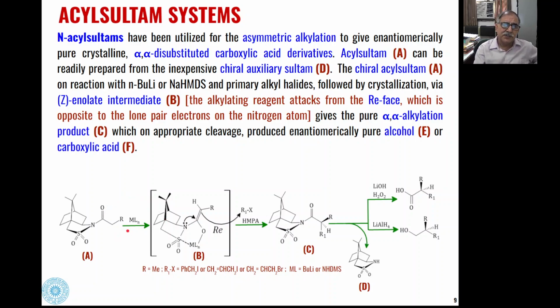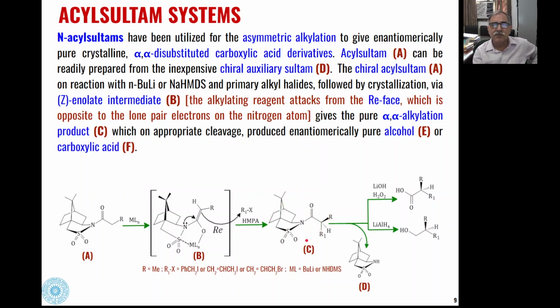they are converted into these types of Z-enolate intermediates. The Z is preferably formed because this stereochemistry is more stable in comparison to E stereochemistry. So this Z-enolate intermediate then through the Re face adds to the alkyl halide to give us these types of alpha-alpha alkylation products.